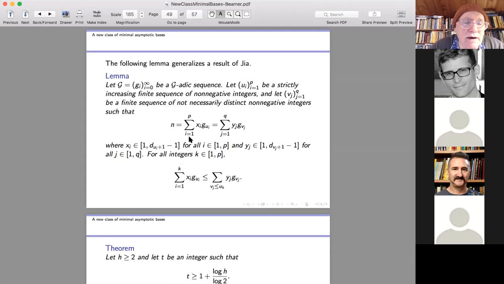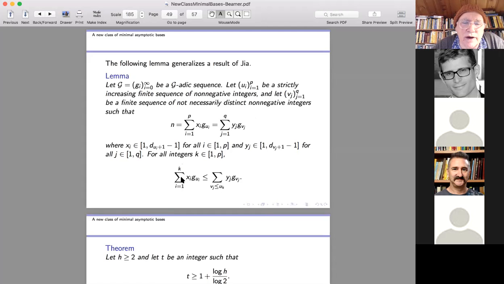If I take some initial segment of this sum, so instead of summing from 1 to p, I sum from 1 to k. And because these numbers are strictly increasing, the largest of the u_i's is u_k. And on the right-hand side, I look at all the terms y_j g^{v_j}, where v_j is at most u_k.